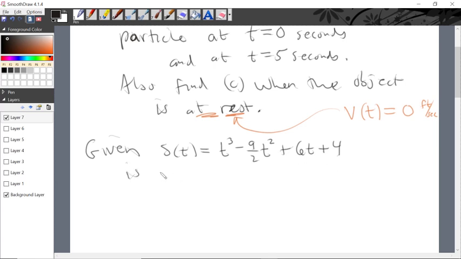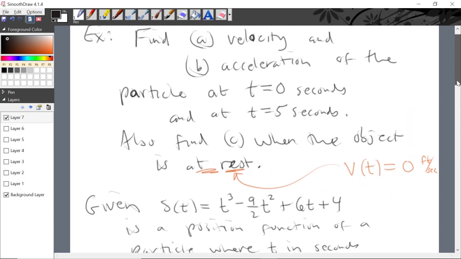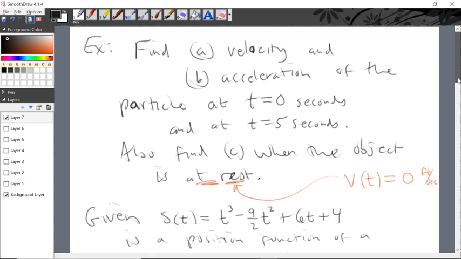Given that function is a position function of a particle, where t is time measured in seconds and s is distance measured in feet. Okay, distance from some observation point, for example.